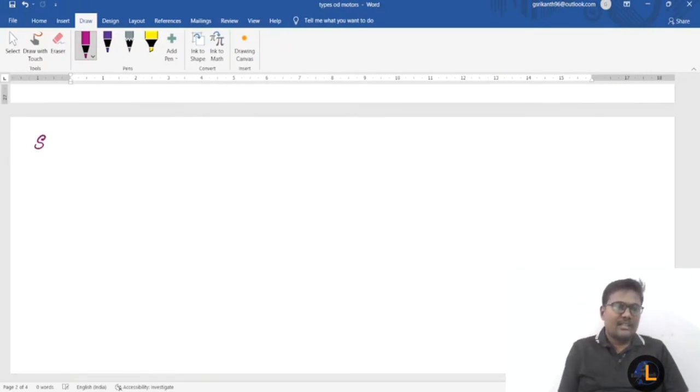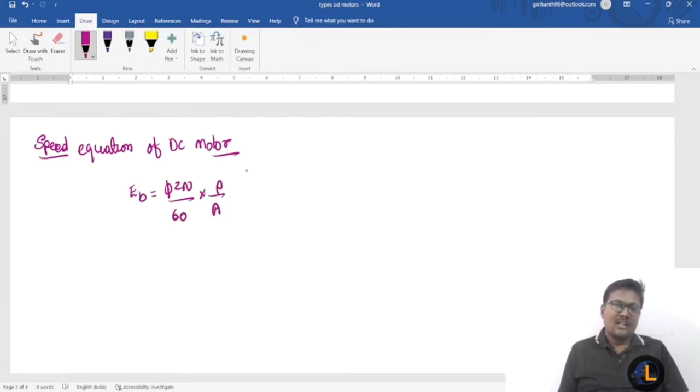And what is the speed equation? Speed equation of a DC motor: generally the back EMF EB is equal to phi Z N by 60 into P by A. Once design is over, P is constant, A is constant, and Z is constant, 60 is also constant.